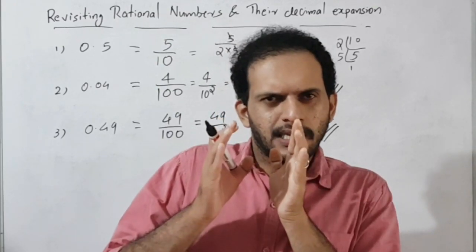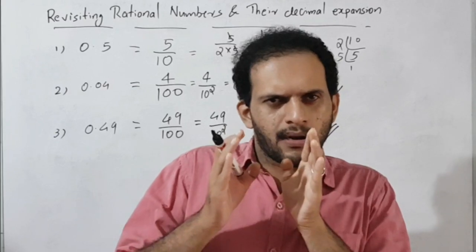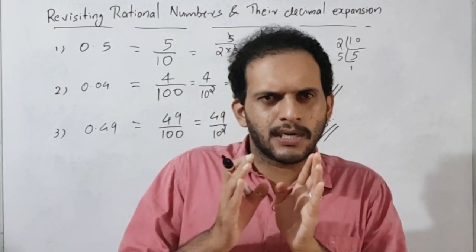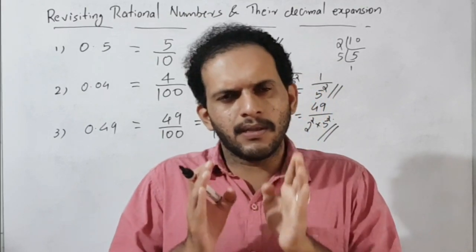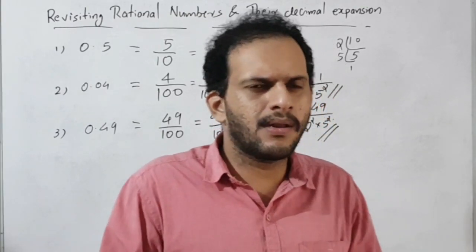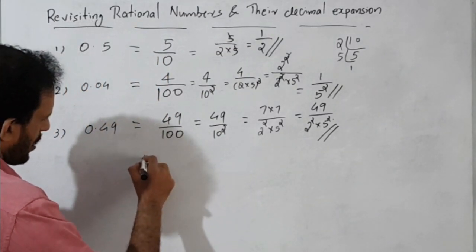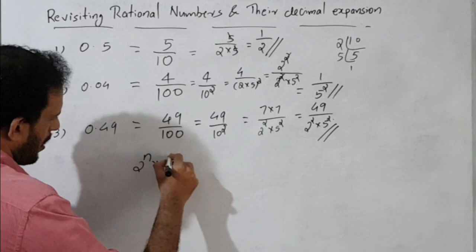If the decimal expansion of a rational number is terminating, then the factorization of the denominator must be in the form of 2 raised to n into 5 raised to m. What is the form? 2 raised to n into 5 raised to m.